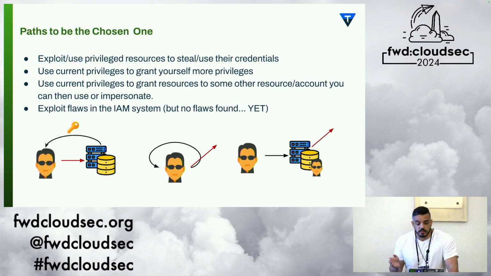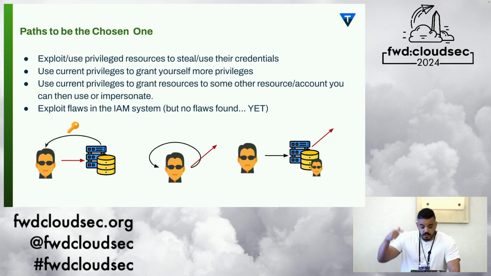Like in AWS, if you have permissions like attach user policy, then you can attach yourself an administrator policy. The other one would be granting resource policies, and then you can use that resource or impersonate that resource. And the last one would be exploiting flaws in IAM systems from Oracle, but no flaws have been found yet, so this is out of the question for now.